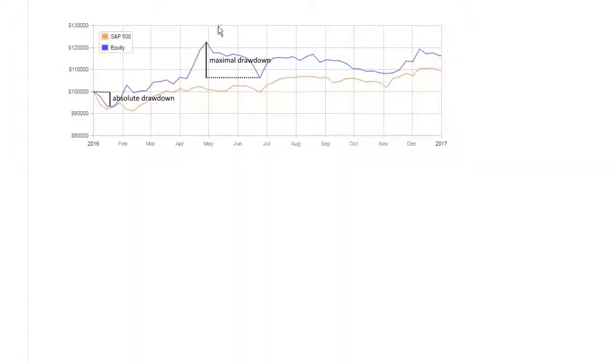A maximal drawdown is the percentage between the peak and the subsequent trough. In other words, it is the highest difference between one of the local upper extremums of the balance graph and the following lower extremums. And here we see an absolute drawdown, which is the difference between the initial deposit and the smallest value of balance within testing.